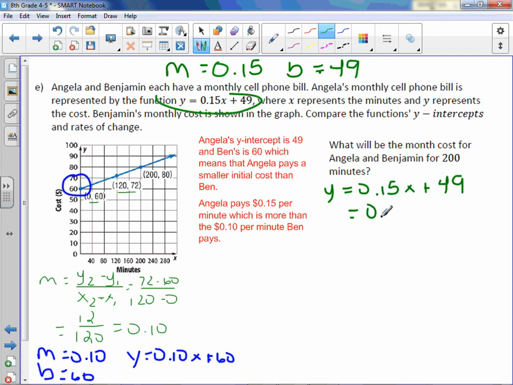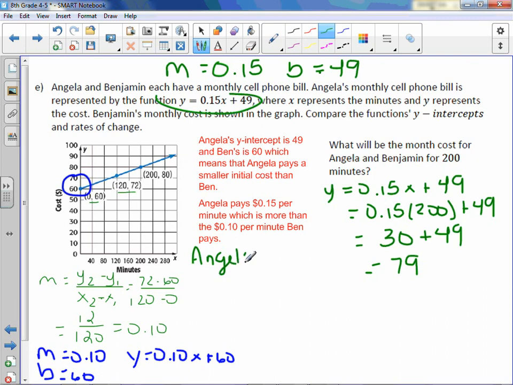Plug in the 200. 0.15 times 200 is 30, plus 49 is 79. So far, we know that Angela pays 79.